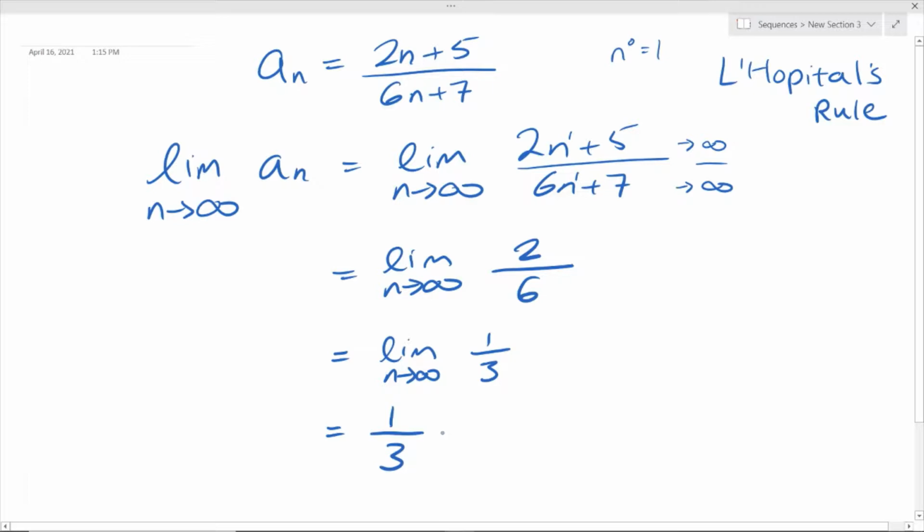And hey, look, the limit exists. So since this exists, therefore a_n converges.